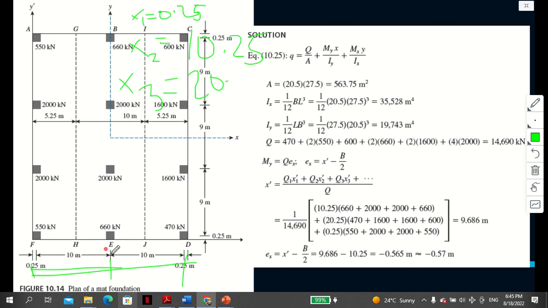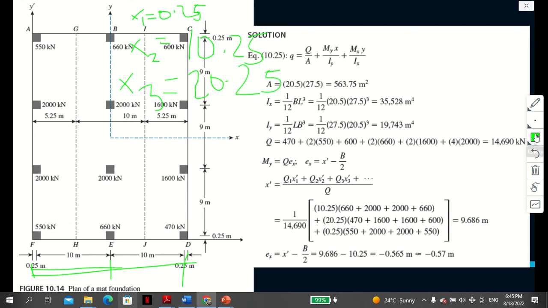From the edge to the midpoint of that is 10, and then from this to that. No, it's not 20.5. Anyone else who is more keen? From the edge. Yes, 20.25.